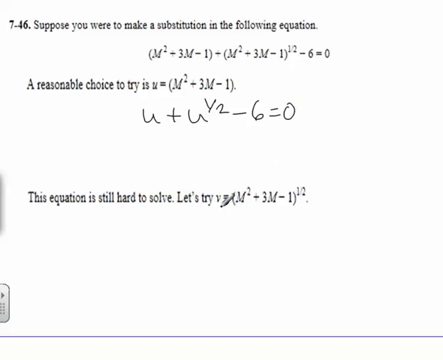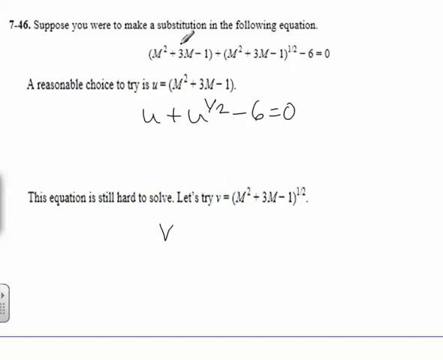What if we make v equal this to the power of 1/2? Well, to the power of 1 would be equivalent to this piece squared. We're using a v, just another variable besides u, so we don't confuse the two.